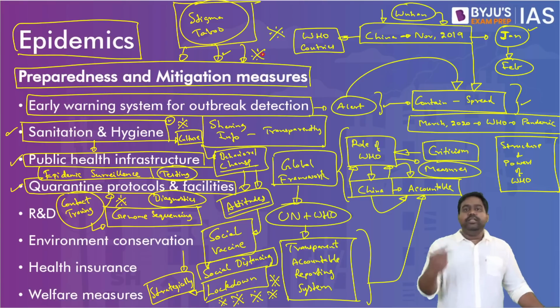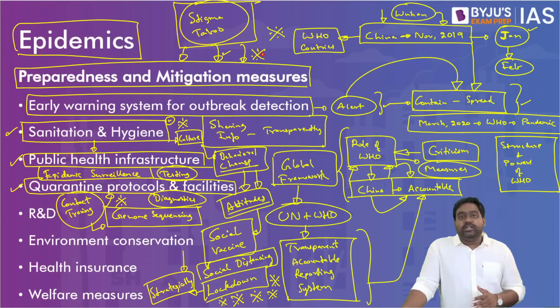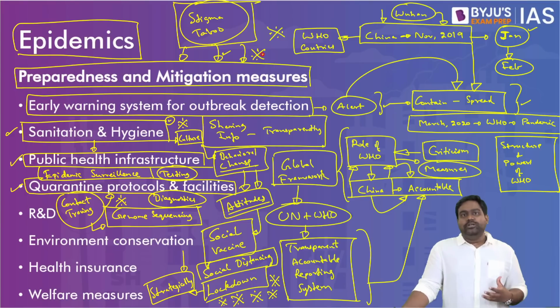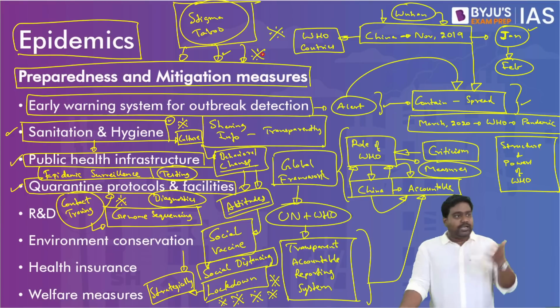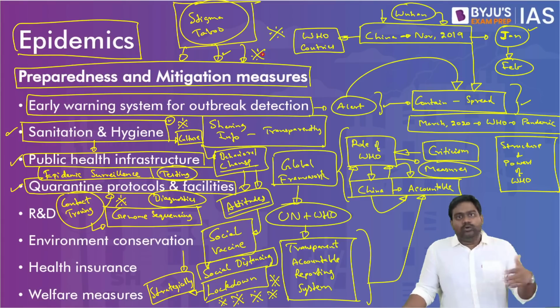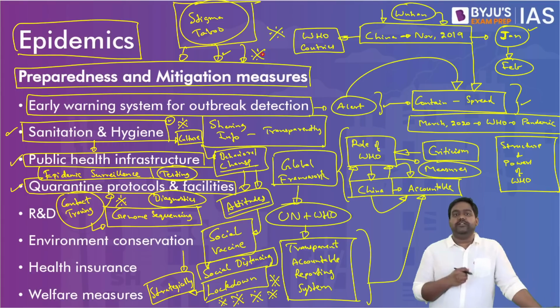This is where you need better training, better awareness. Yes, quarantine and isolation are needed, but you need not target them. You need not humiliate them, boycott them. When you do that, a stigma and taboo develops and people get scared to get tested, right? Even if they have symptoms, they don't go out and tell this to others, or they don't get tested because of the fear of being targeted. So these are social measures, behavioral changes are needed.